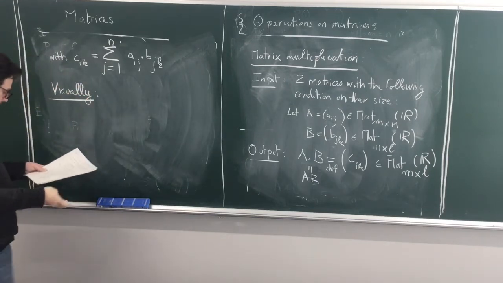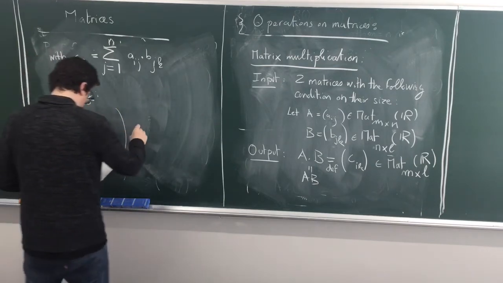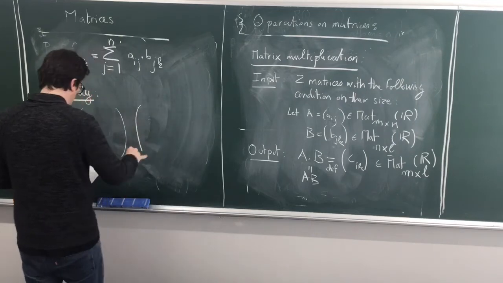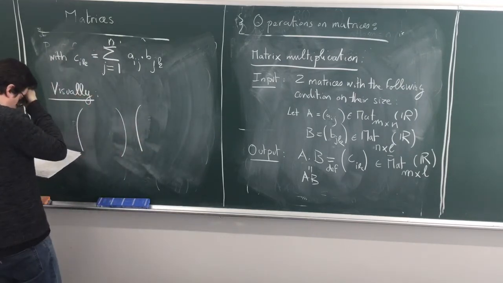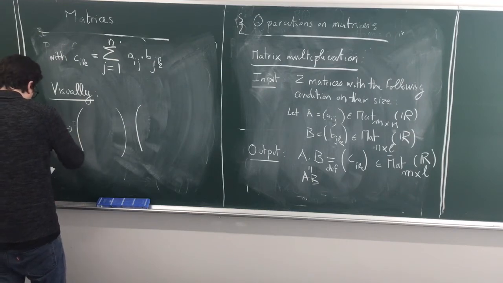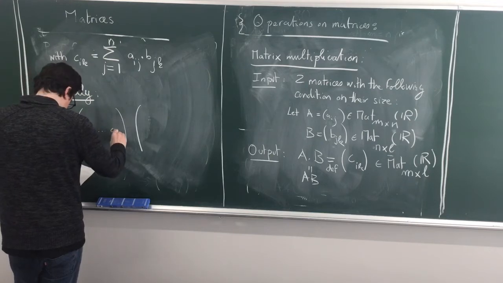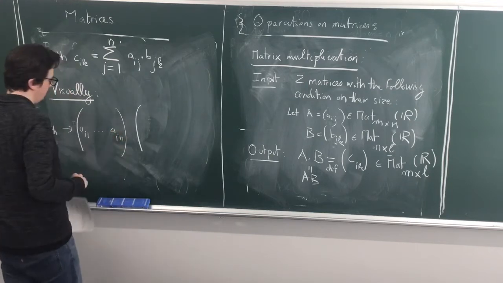By your eyes. So basically, you have two matrices, and for example, let's say that you are considering the I-th row. So here you will have AI1, up to AIN.